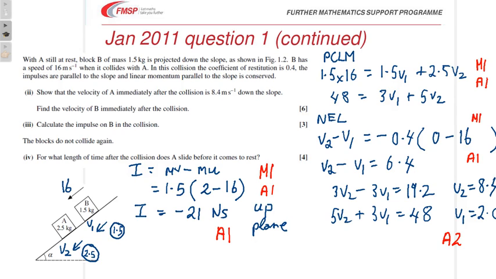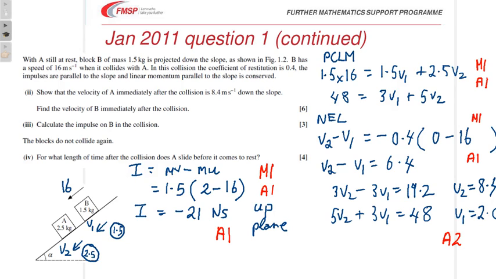Right. There's one more thing on this page that I'll draw your attention to. We've just found the velocities after the collision, and the question goes on to ask for the impulse on B. Well, impulse is change in momentum. So we need to find the change in momentum of the B object. The velocity after collision was 2 for B down the plane.